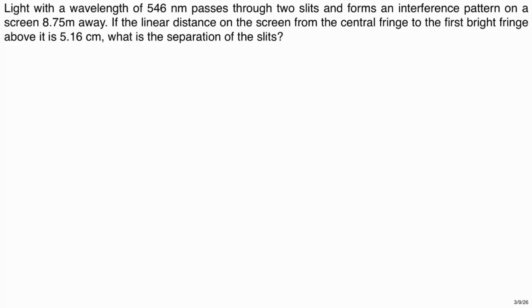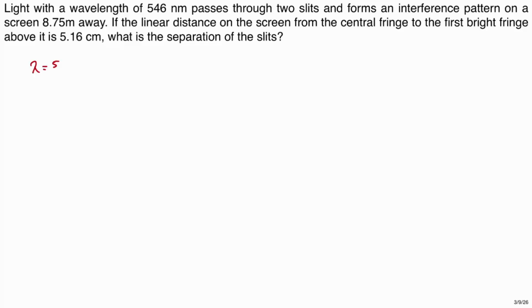So we're told right off the bat 546 nanometers. What is that? It's the wavelength. Wavelengths are always going to be measured in nanometers because we're dealing with visible light here in this section, although we could use others.